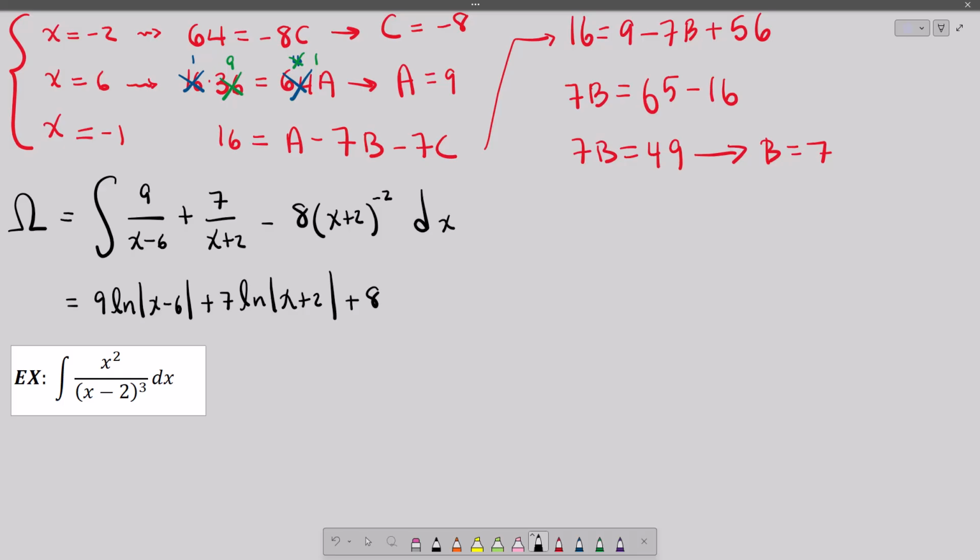So add, get -1, divide by -1. And then we also have to divide by the derivative of the inside, but the derivative of the inside is just 1. So this is going to turn into 1 over x plus 2, which we could write as 8 over x plus 2. Plus c.